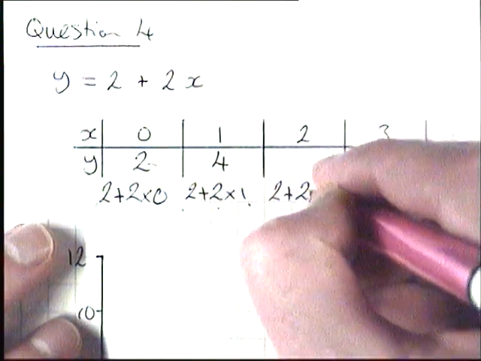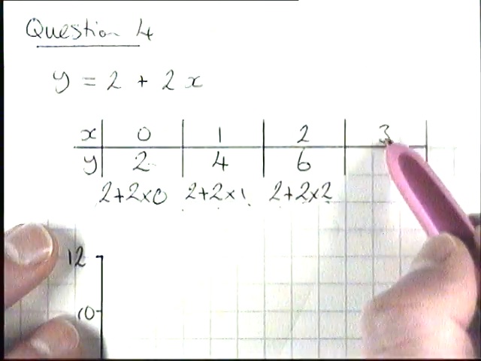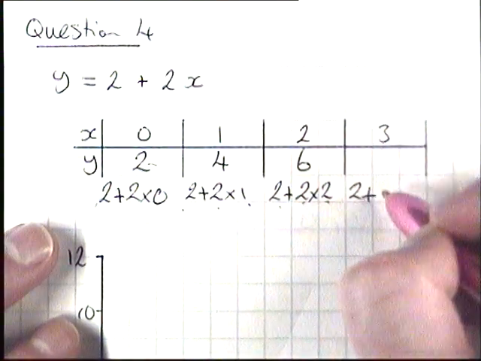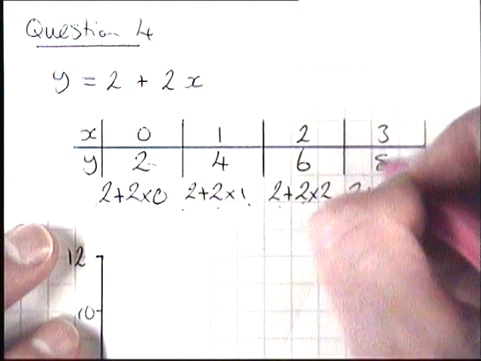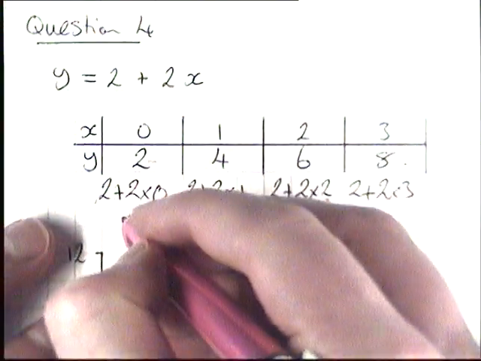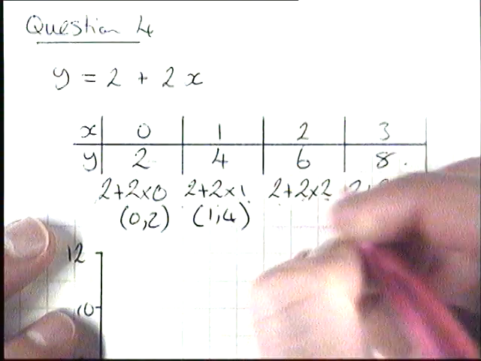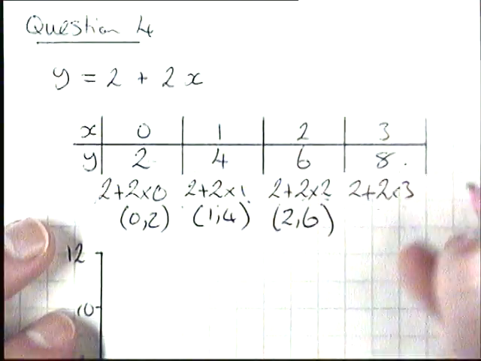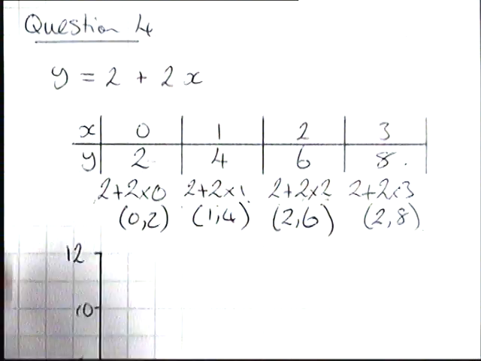2 plus 2 times 2. 2 times 2 is 4, plus 2 is 6. And the last one, we've got 2 plus 2 times 3, which is 6, plus 2, which is 8. So that gives us our coordinates 0, 2, 1, 4, 2, 6, and 3, 8, which we are now going to plot on our axes.